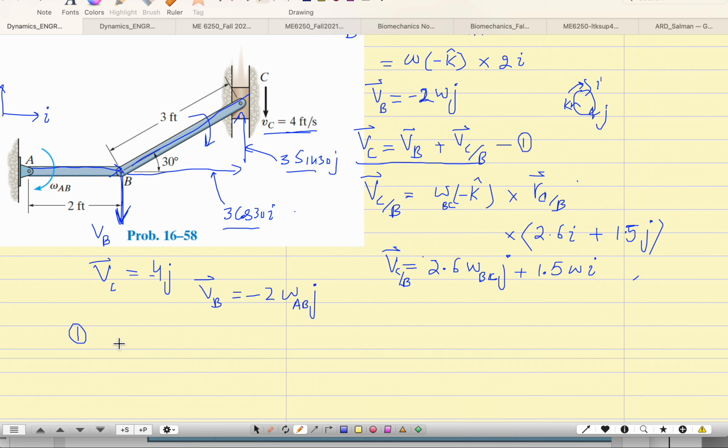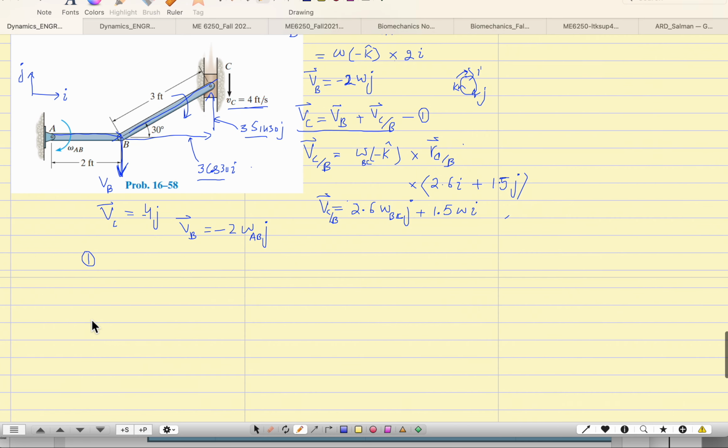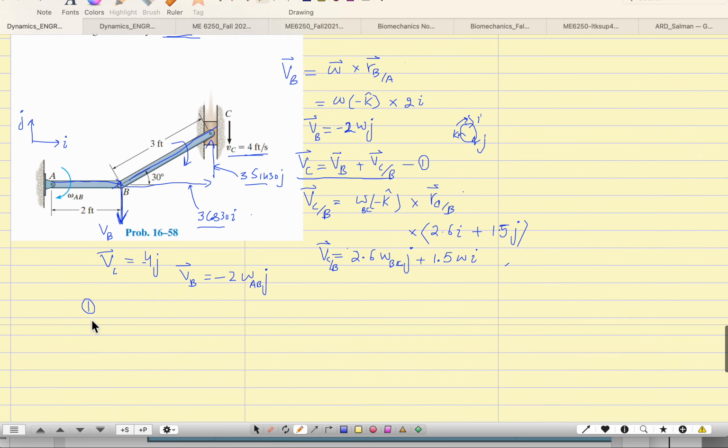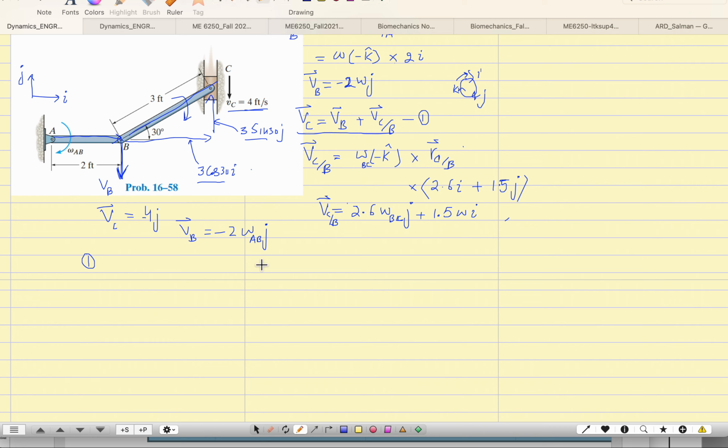So I can write equation number 1 like this. Let's do this math here. Can I write negative 4j equals negative 2 omega AB j.